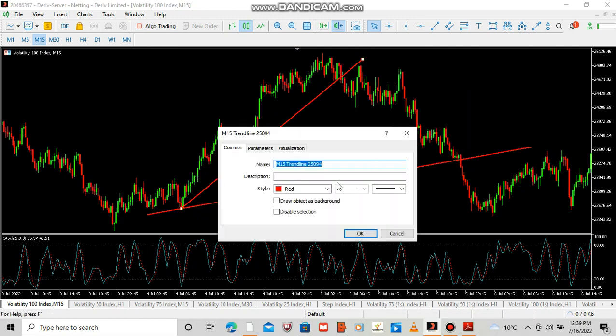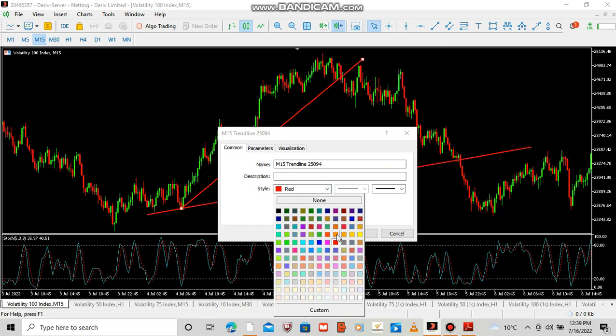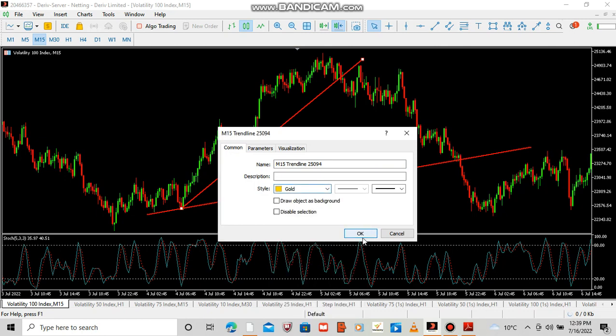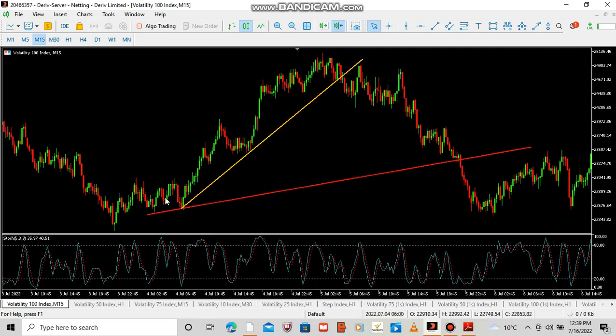Let me make this yellow. So this is my footprint and this is my layer line. What we wait for is the break of this layer line, right guys? And then we look for divergence. We look for divergence after this layer line breaks. That's when we look for divergence.